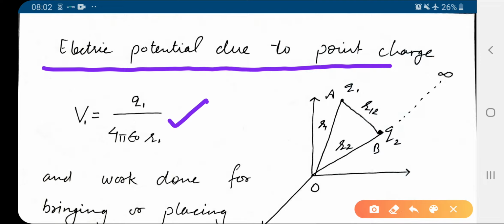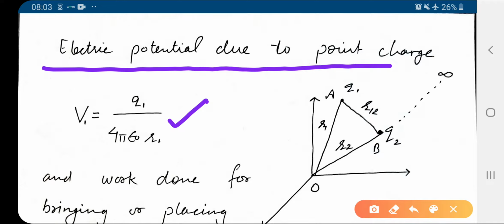Suppose from the origin we place charge Q1 at point A, so potential at point O due to A, because the distance of point O from A is R1, is Q1 over 4 pi epsilon naught R1. That you know very well. And now as our topic is to find the expression for work done or electrostatic potential energy, let's come to the topic.